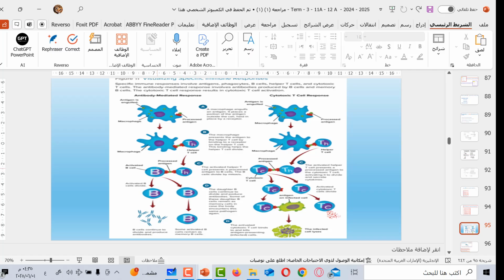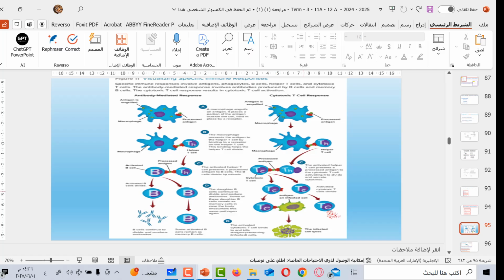And the other kind of B produces antibody. So B gives us two kinds: B produces antibody and B makes memory B cell.